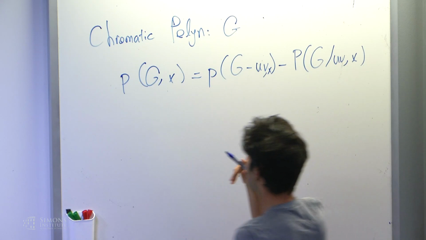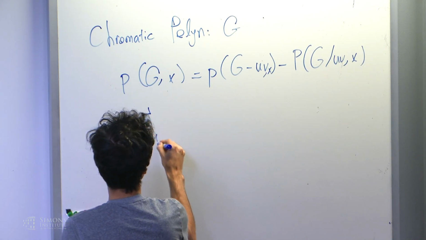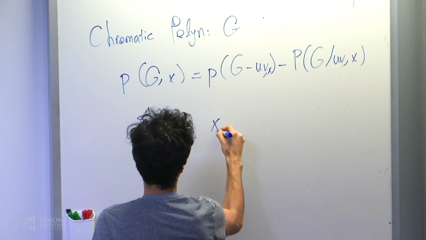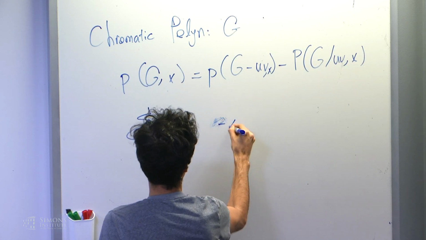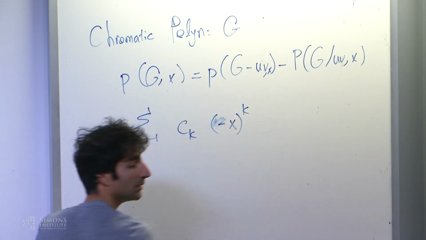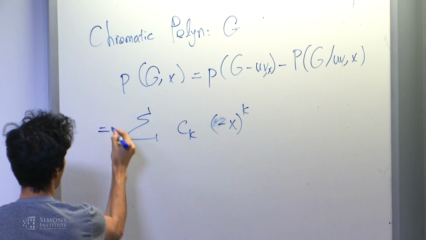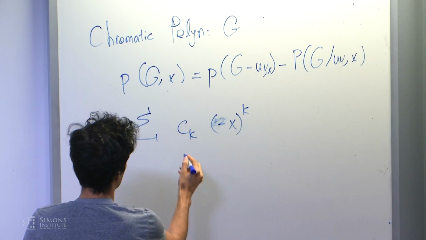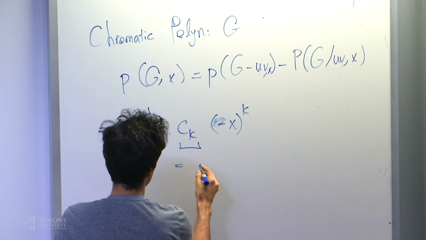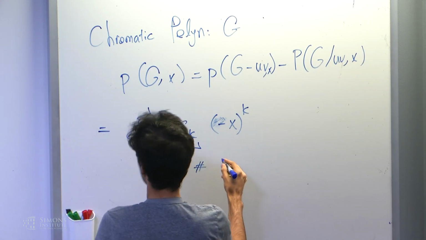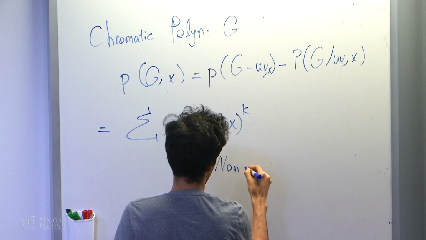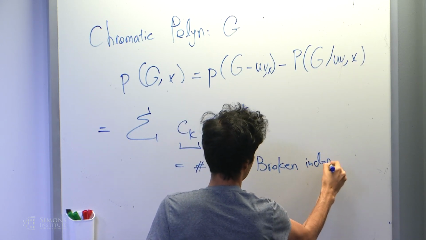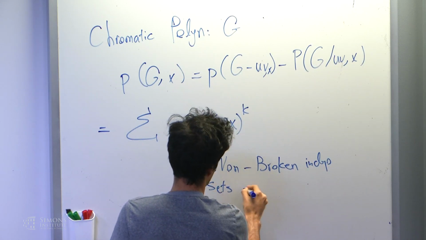So you can write it down like this: summation of c_k times minus x to the k. And so the question is, what is c_k? This is equal to the number of non-broken independent sets of size k.